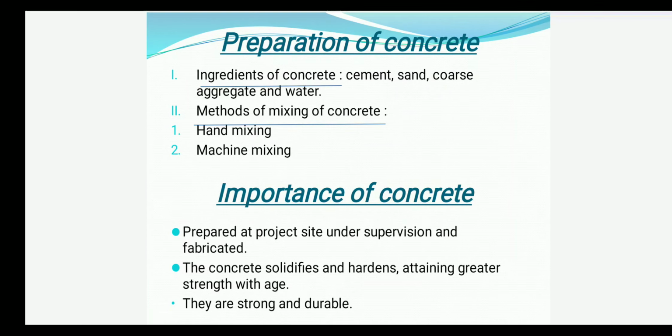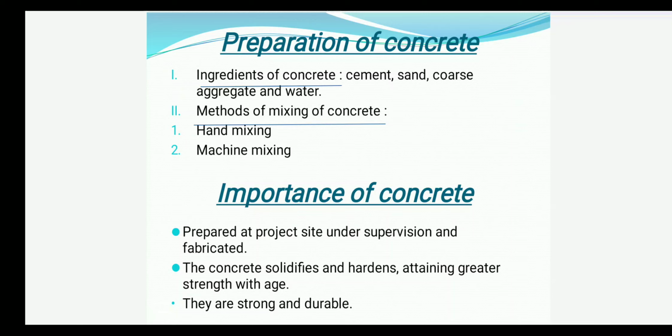Now let us try to understand the preparation of the concrete. The ingredients required for the concrete are cement, sand, coarse aggregate, fine aggregate, and water. We have discussed earlier in the aggregate what is meant by coarse aggregate and fine aggregate.